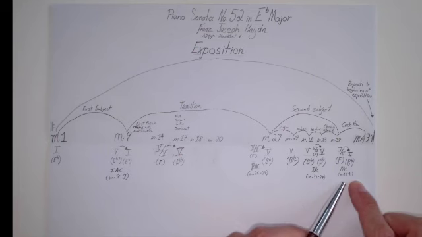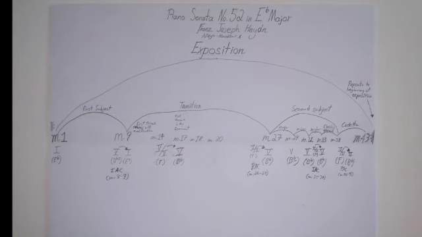Haydn again tonicizes the dominant from the F chord with the perfect authentic cadence from measures 40 to 41. And at the end of measure 43, we repeat back to the beginning to repeat the exposition, which is fairly standard and expected for a piece, especially a sonata form piece, of the late classical period.